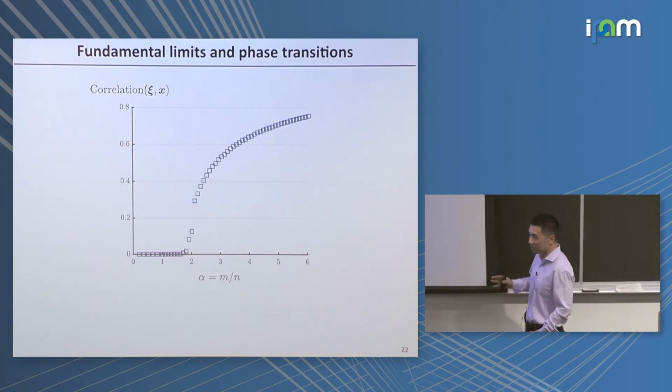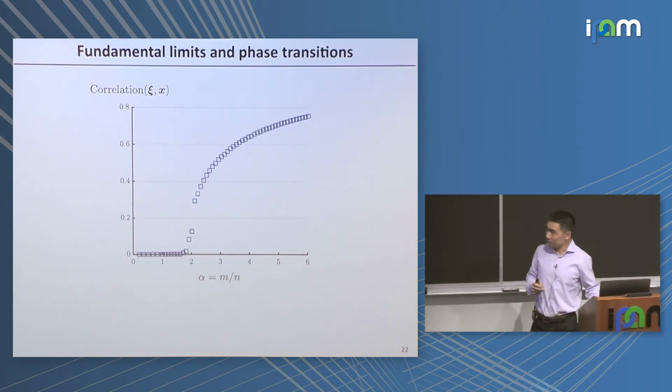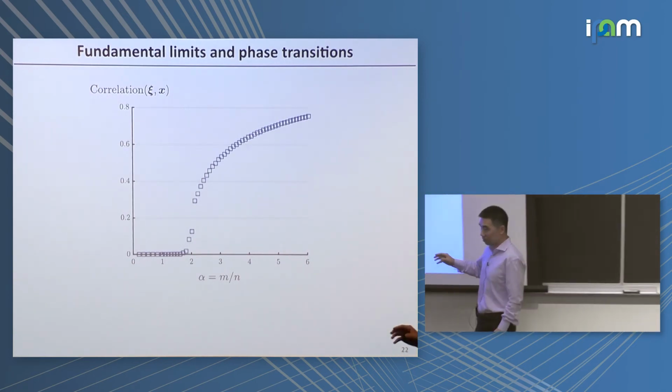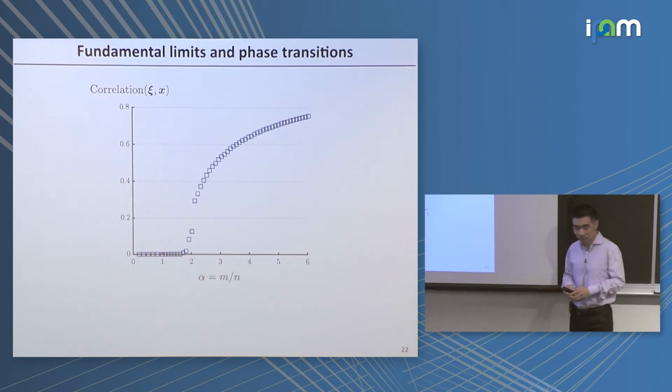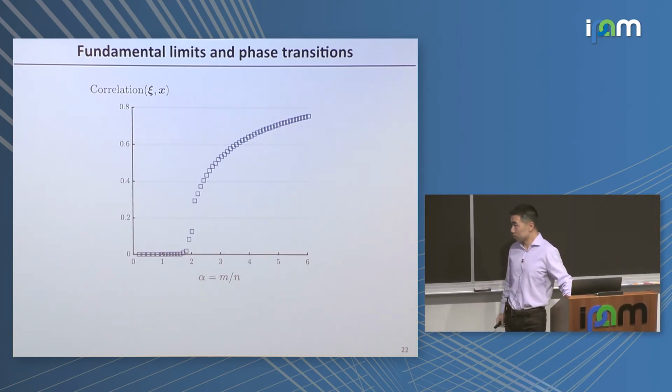Yes, we understand what is going on with the threshold. For now, I would say that this threshold depends on the sampling ratio, on the type of model that you use, and on the nonlinearity you use. But there is also a more fundamental threshold that you can state about this problem.